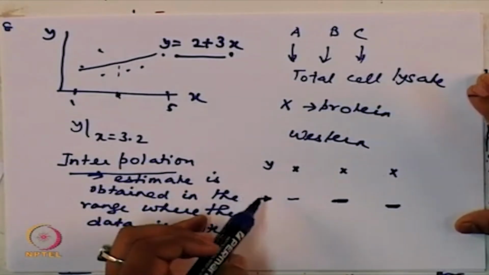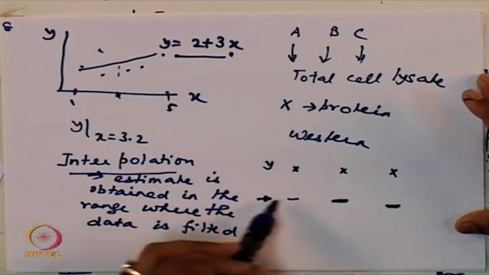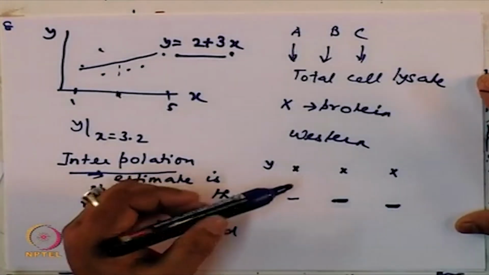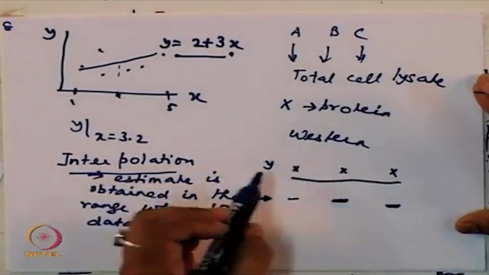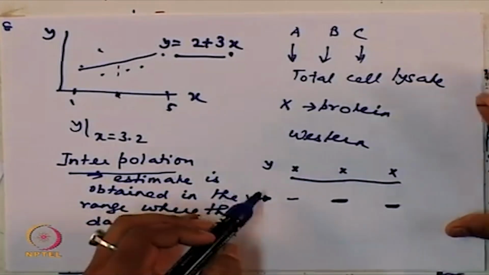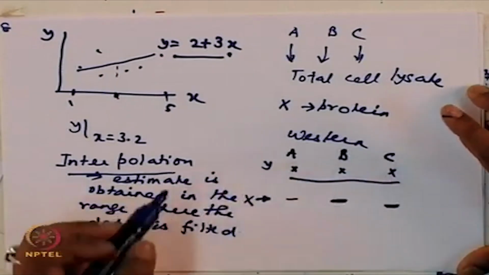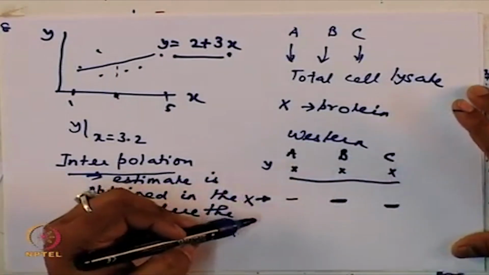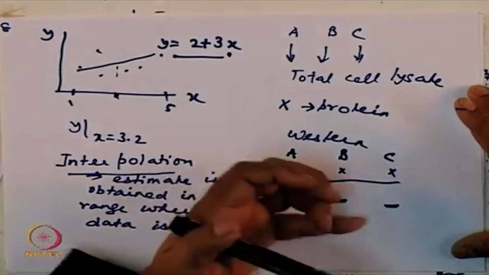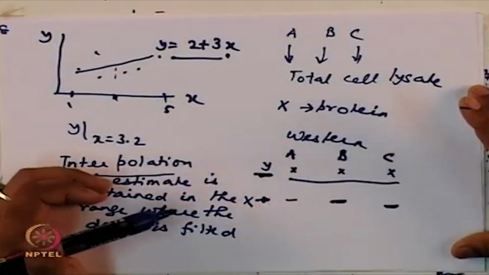So, this is the band you get corresponding to Y, and this is your protein X band, and you want to know how X is varying across different conditions. Okay. So, these are your conditions A, B, and C. In order to make sure that you are comparing X as a fraction of the same amount, you want to make sure that the same amount of protein Y is loaded across all the conditions.